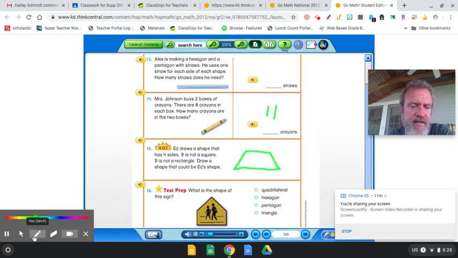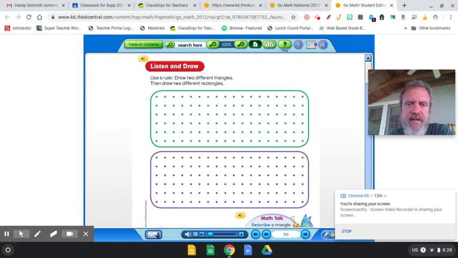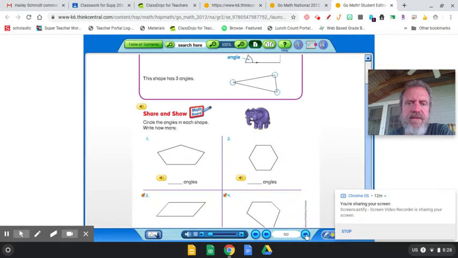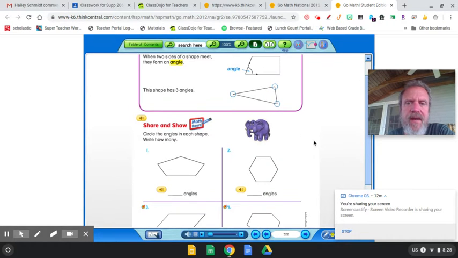Now in the next lesson, it's just a continuation of this, which is why we're doing them together today. Let me erase and move on. In lesson 11.4, we're just going to talk about the inside part where our sides come together.